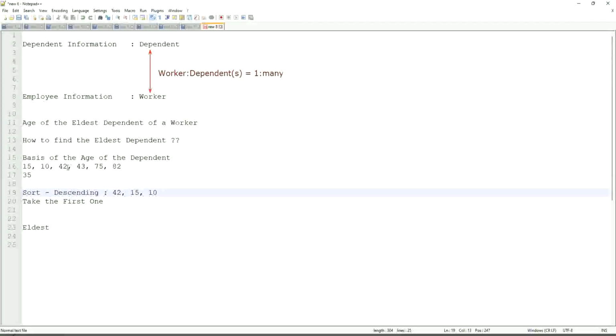Right. Only one problem is if there are multiple dependents with the same age. If there are only children as dependents and there is a twin the same age, at that point it becomes difficult, but other than that it is more or less foolproof.